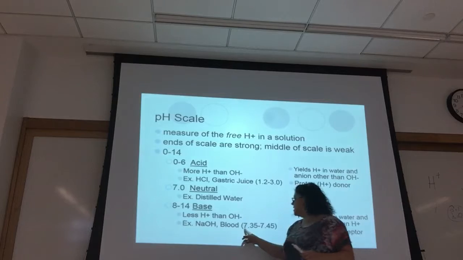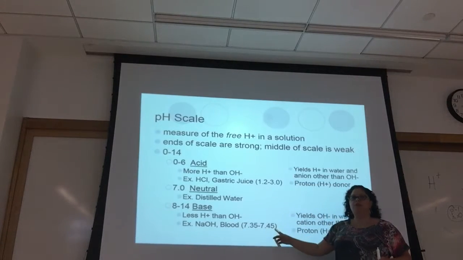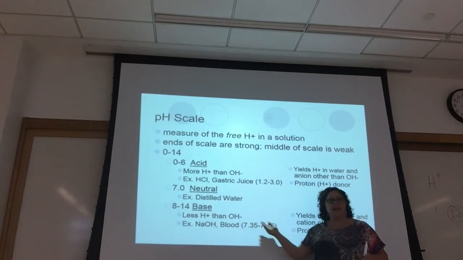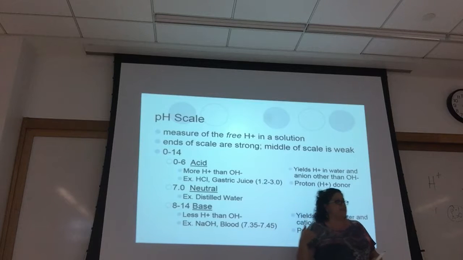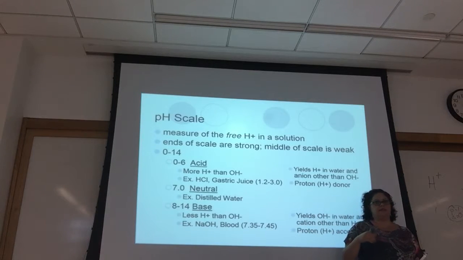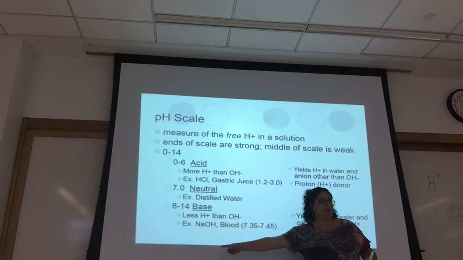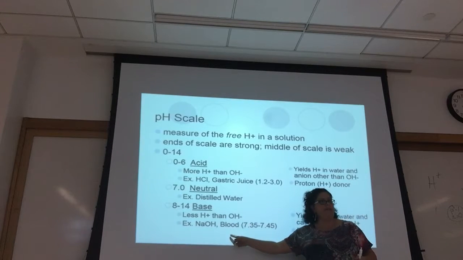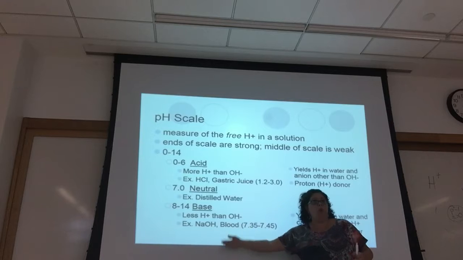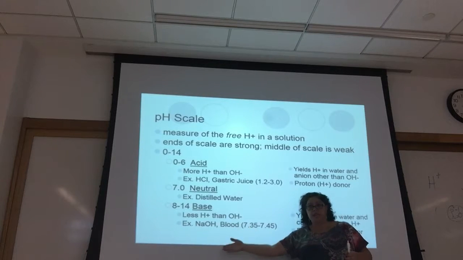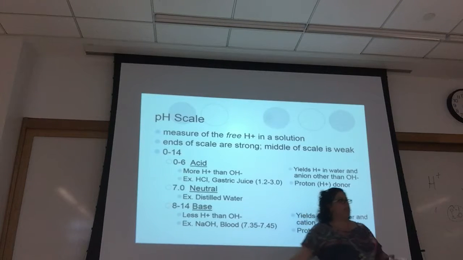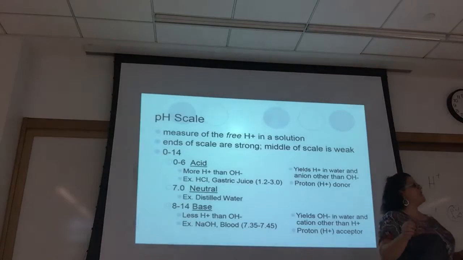There is a range, 7.35 to 7.45. Either way you look at it, it's still a weak base. If the pH of your blood is below 7.35, meaning if it's 7.34 or 7.33 or 7.3, then the blood is too acidic.